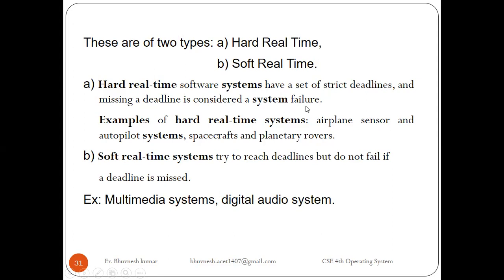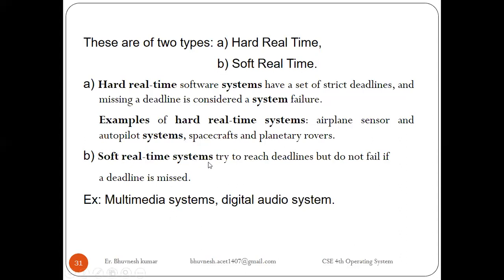If a process has to execute in 10 milliseconds and it is not executed in 10 milliseconds, then that system is a failure system, because it is not completed by the particular deadline.